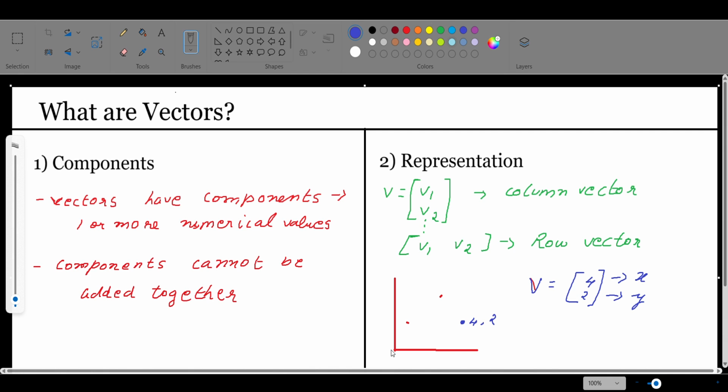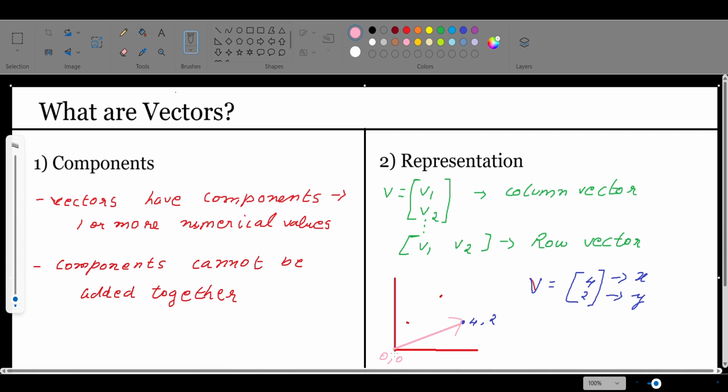Let me create it with a different color. So you start from the origin and you create a line till 4 comma 2. And the direction is this. So therefore it's a vector. It's not just a point, it's this direction from 0 comma 0, or the origin.